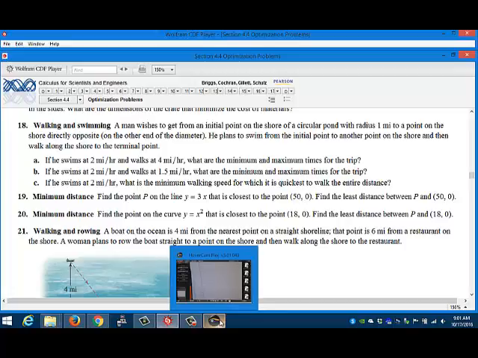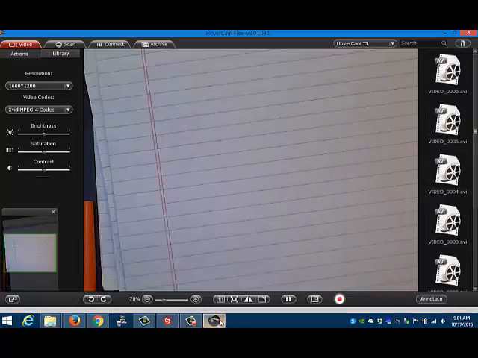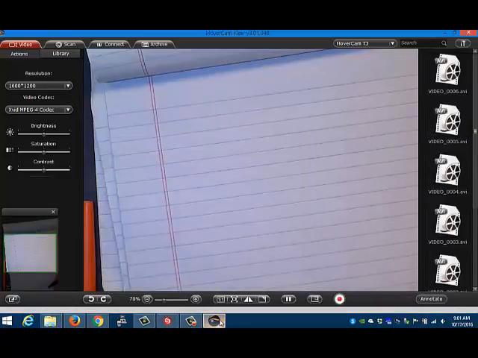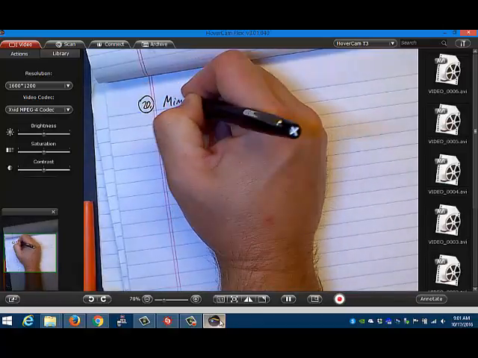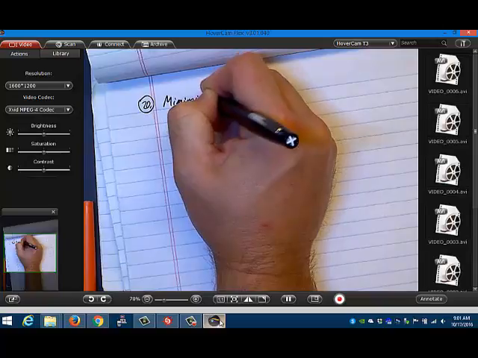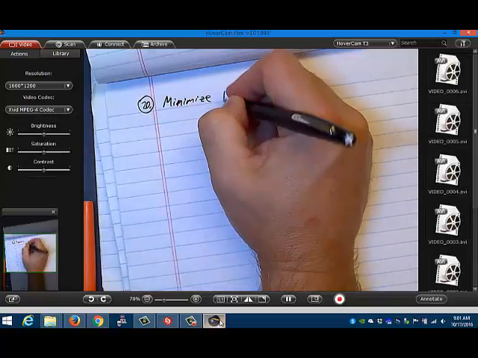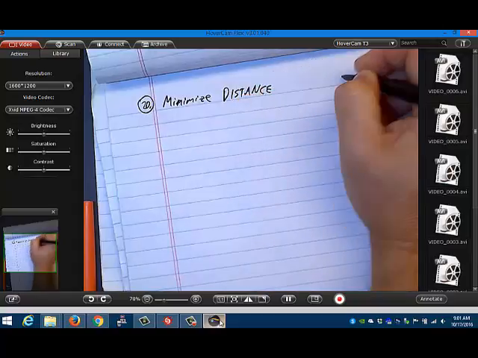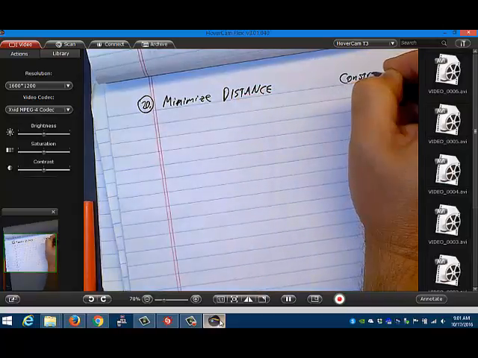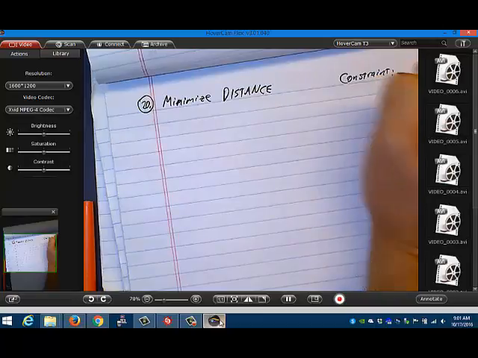So again, in number 20, which I'm looking at now, it says right away we want to minimize what? Distance, right? They tell me that. And then the question is, what is my constraint?